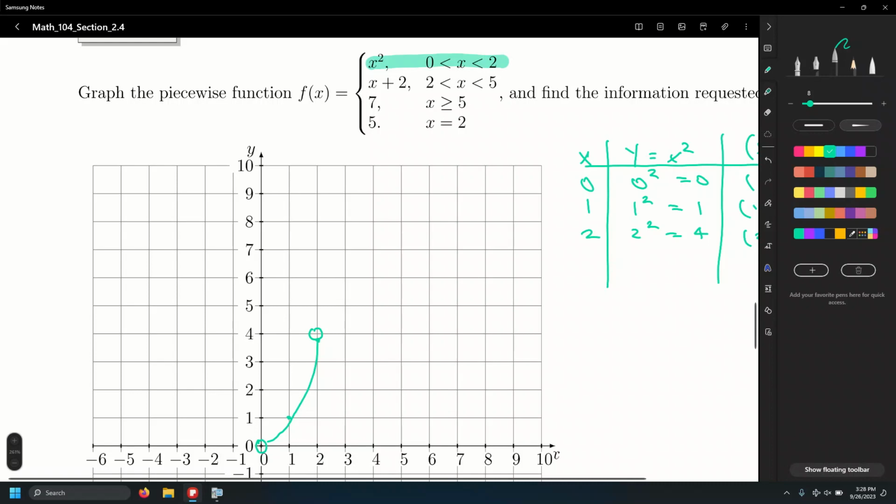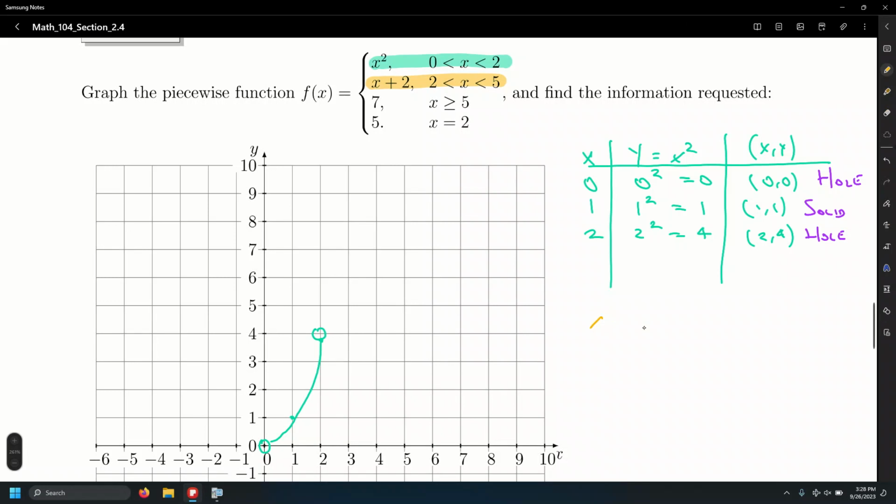The second part, let me use a different color, yellow. So x plus 2, that is x, and then y equals x plus 2.